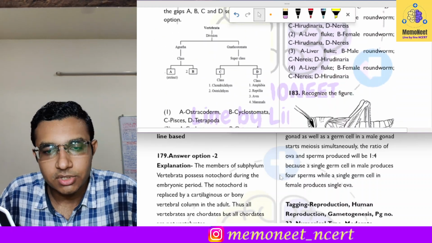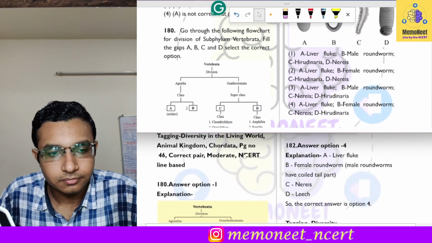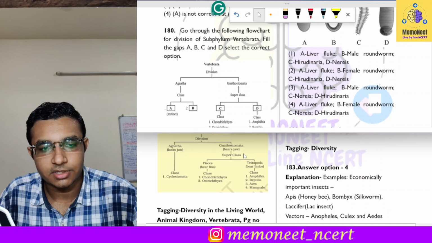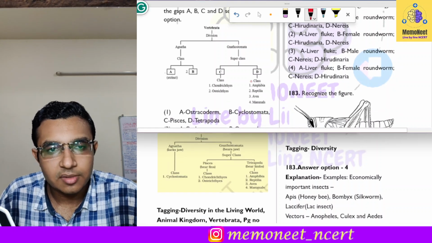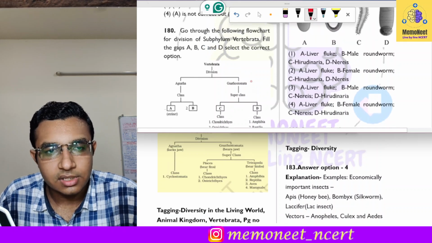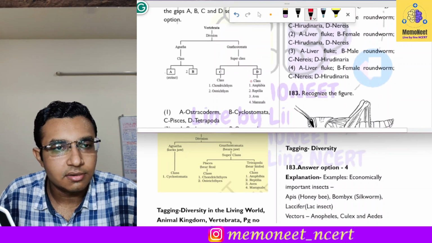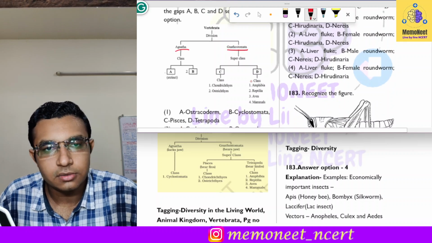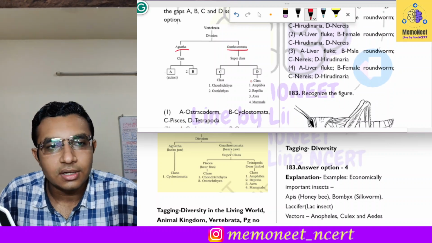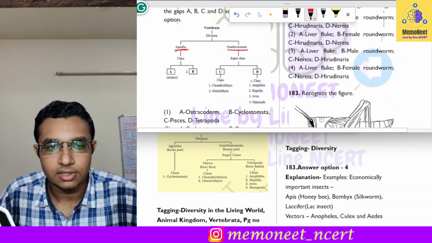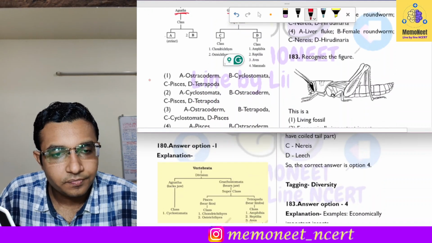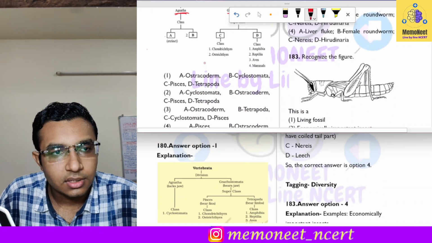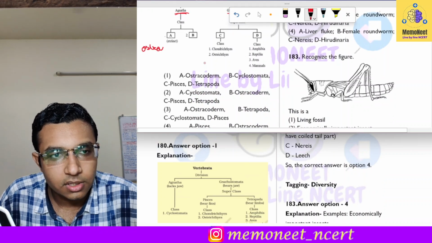The next question is question number 180. It is a diagram based question. Okay, so we have to fill the space A, B, C and D. So as you can see, the vertebrata, okay, it is divided into agnatha and gnathostomata. Okay, now the agnatha has two classes. The first class is ostracoderm.